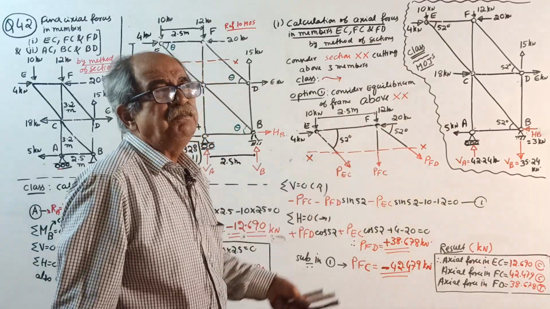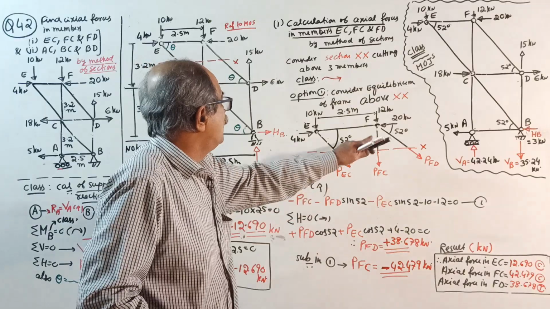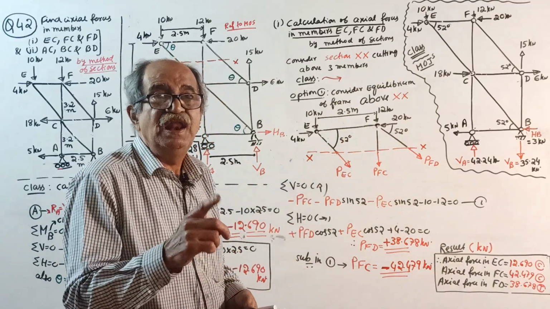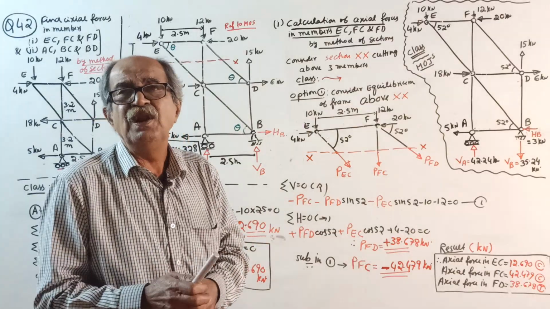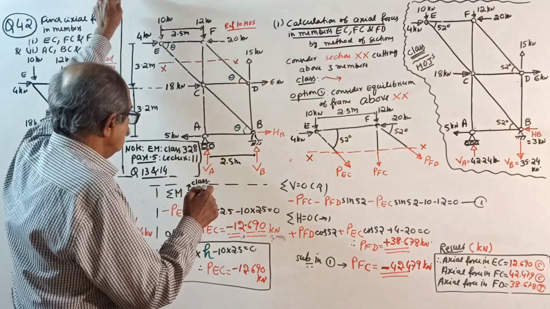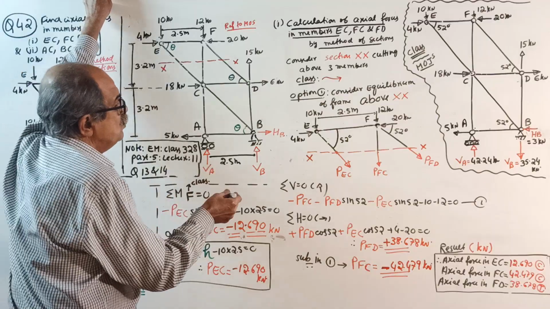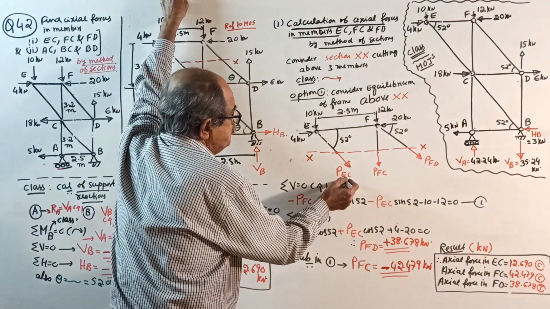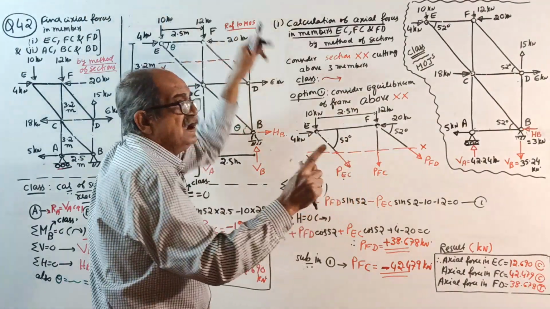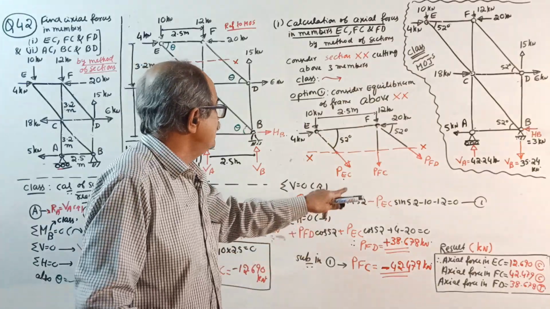Here, perpendicular is very easy to get. Therefore, you can mark a perpendicular. But still, there are so many people who don't like it. So those people who do not like that perpendicular concept, what you do is, for the moment of PEC you require a known point where this force is passing.